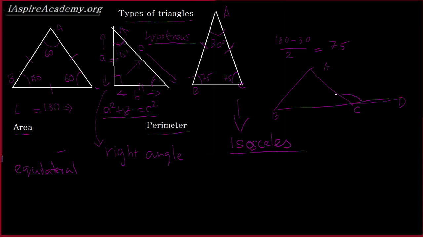Since BD is a line, this total is 180 degrees. So angle ACD equals 180 minus angle ACB, which is this one.